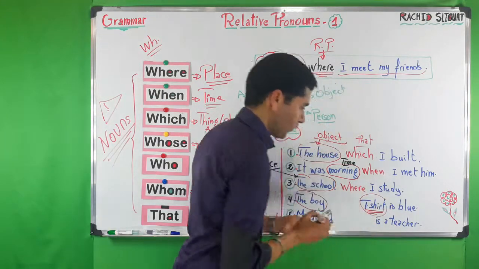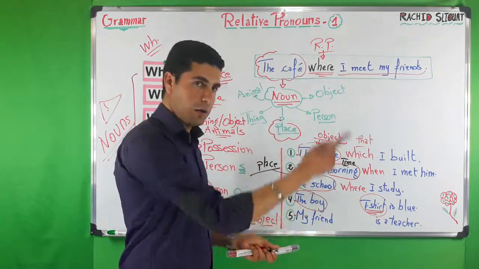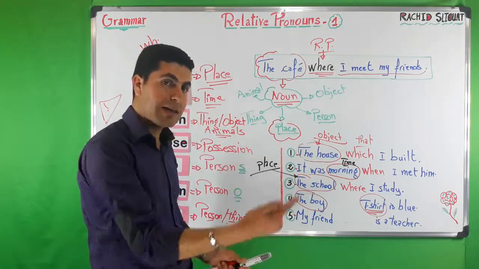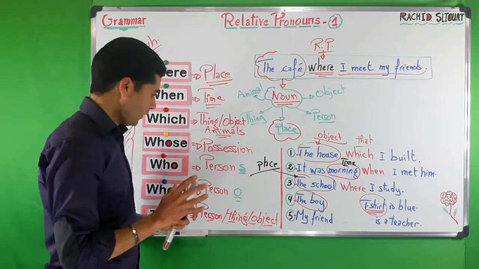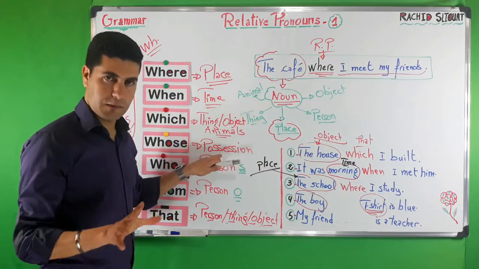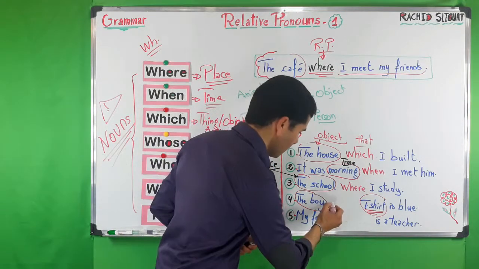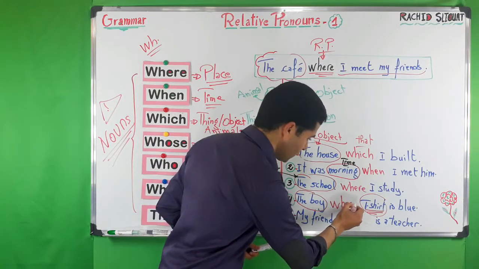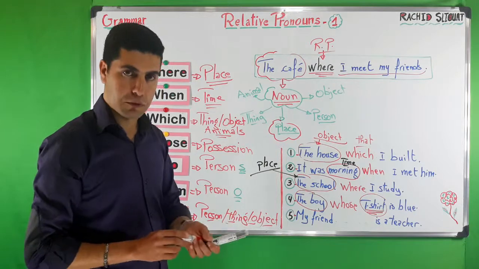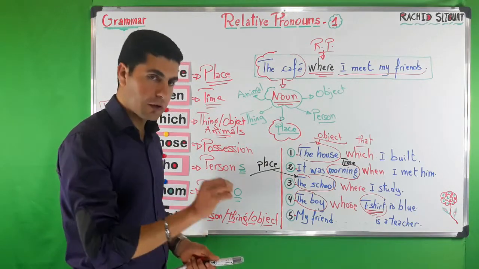The t-shirt here belongs to the boy. It is his t-shirt. So what can we say? The boy whose t-shirt is blue.